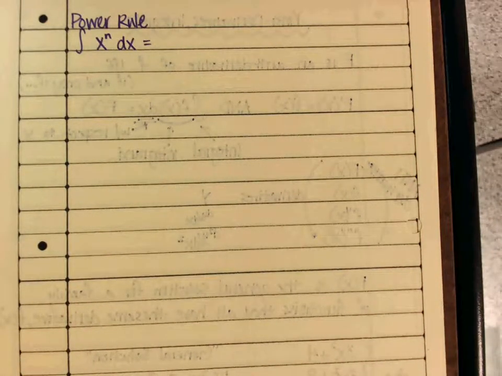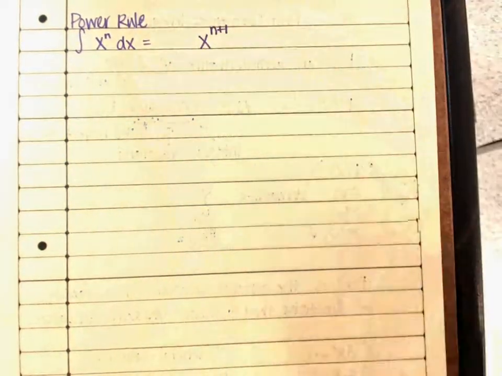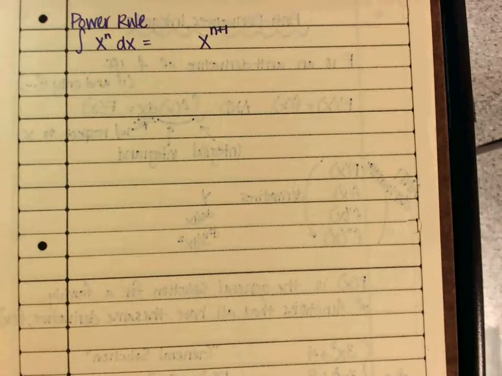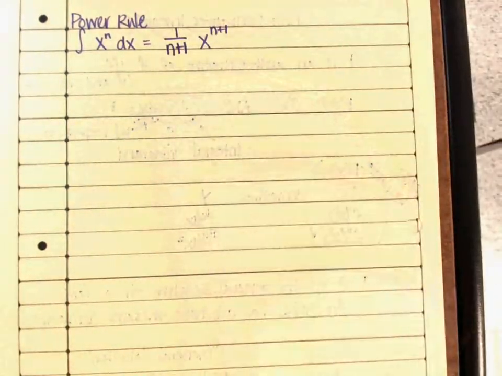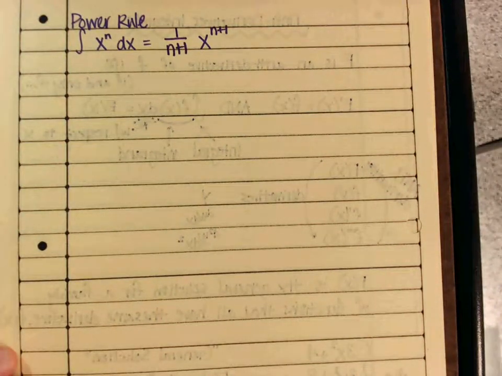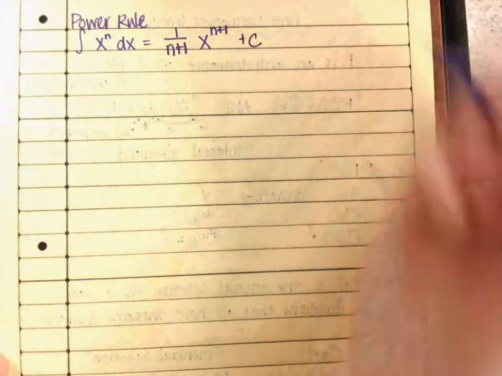So instead of being x to the n, it's going to be x to the n plus 1. And then, instead of multiplying the number down to the front, you're going to divide by that new number. So it'll be 1 over n plus 1. Then anytime you take an antiderivative, you're going to put a plus c on the end.